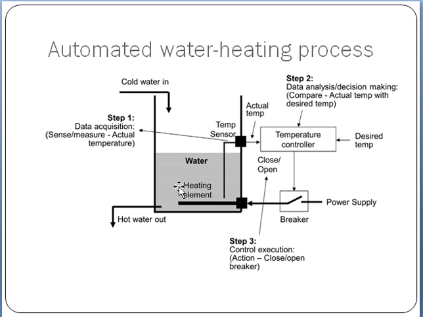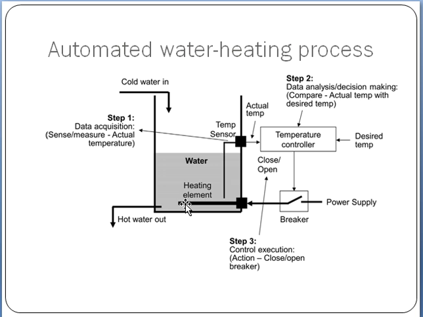Here is the heating element, which heats the water. The temperature sensor is used to sense the temperature of the water. The temperature controller works as the control subsystem. The temperature sensor works as the input instrumentation subsystem. The breaker works as the output instrumentation subsystem.